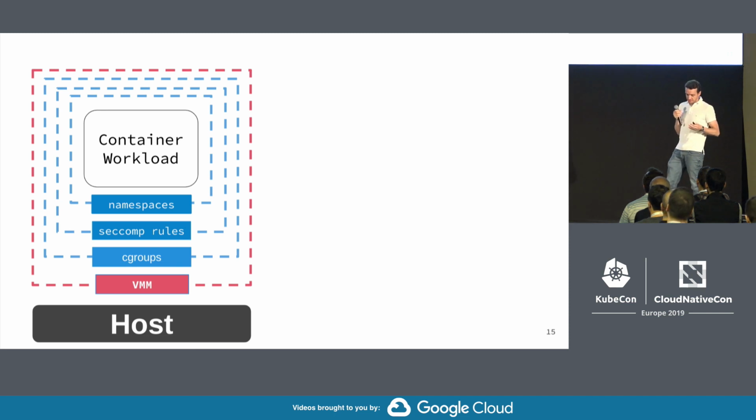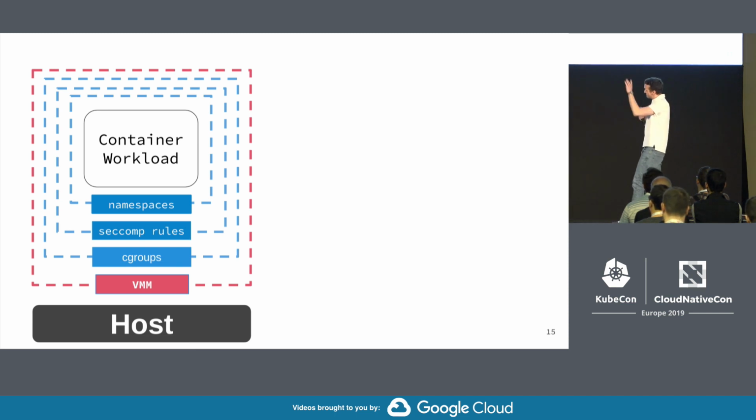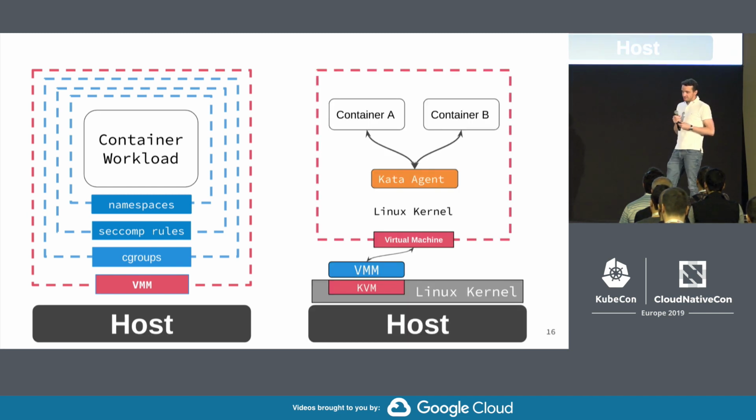Okay, so you may think that it's very simple. This diagram makes it look like it's very, very simple. But if you look a little deeper into the architecture and how this is implemented, it's not that simple. The whole container ecosystem has a lot of assumptions on the fact that the container workload is actually run on the host CPU, bare metal on the host. And so to make that happen, the way it's implemented today is through an actual virtual machine.